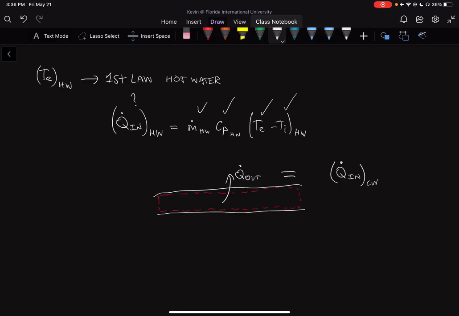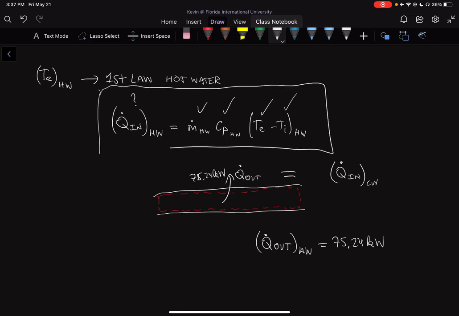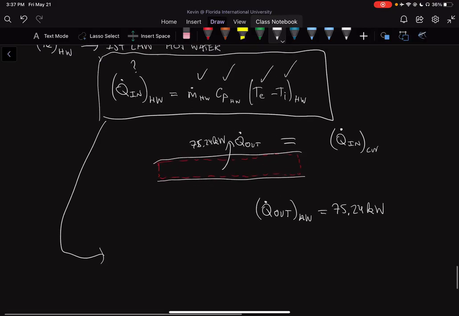And so that means that Q dot out for our hot water is equal to 75.24 kilowatts. So we know that there's 75.24 kilowatts coming out. Now, going back to our equation, what is Q dot in? Well, Q dot in is just the opposite of Q dot out.